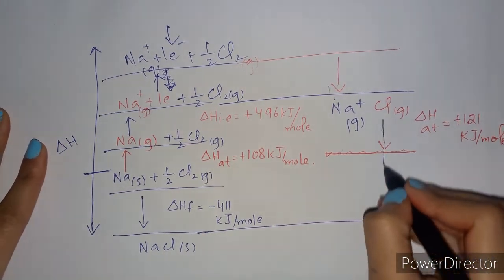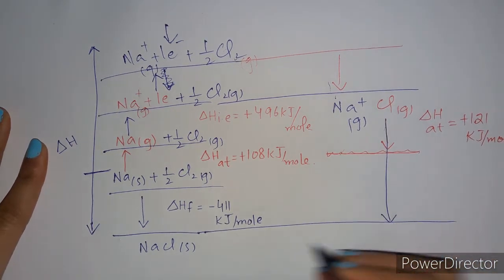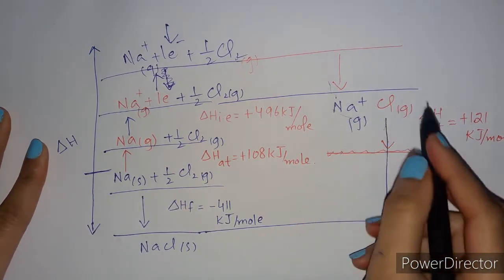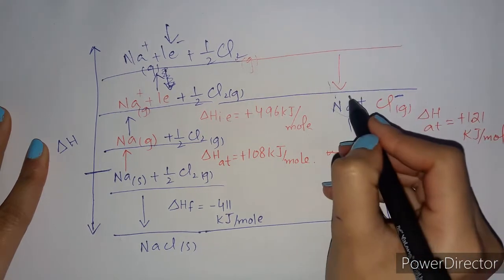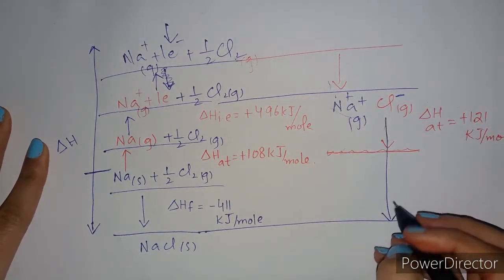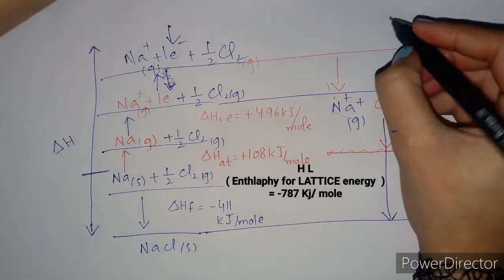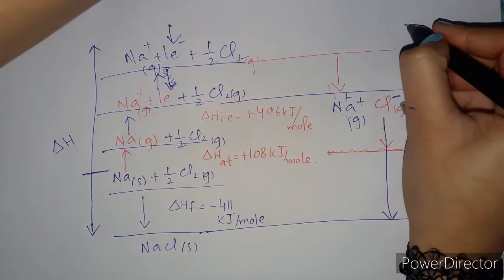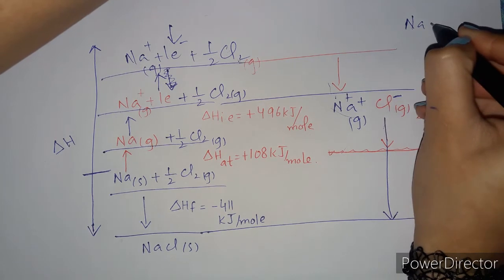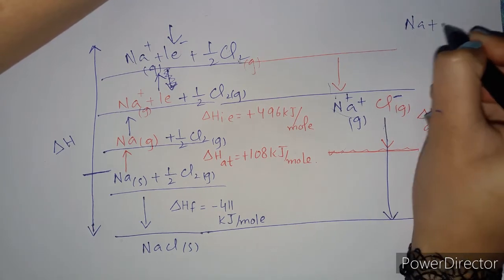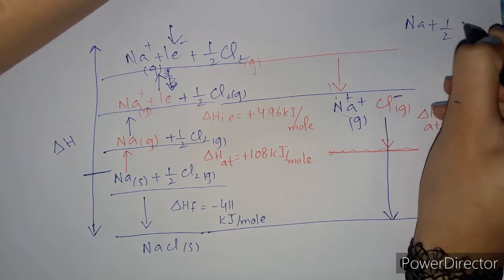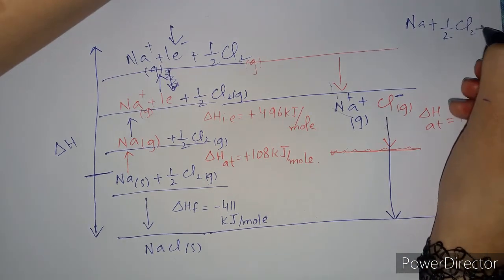Then it converts into NaCl. This whole converts into NaCl. Here is negative, here is positive. So it converts into NaCl as we have written in the formula of Na plus half Cl2 gives NaCl.